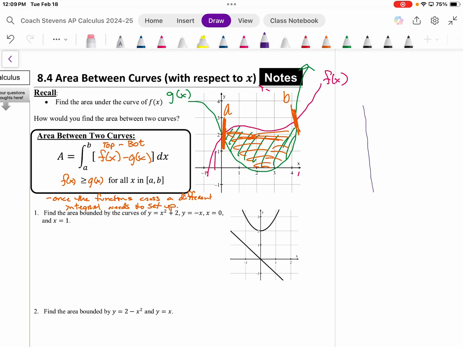Let's think about the sine x graph and the cosine x graph. If I let f of x equal cosine x and g of x equal sine x, we know cosine starts up at 1, comes down, and goes back up.